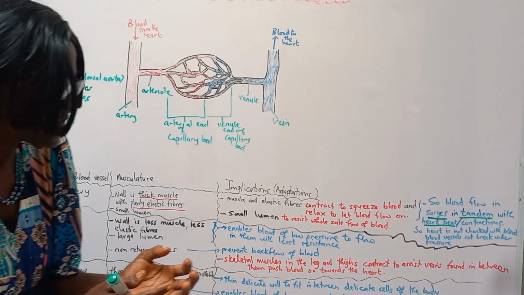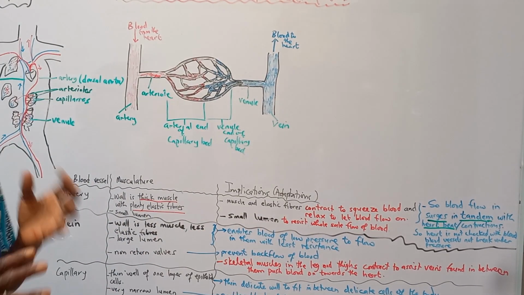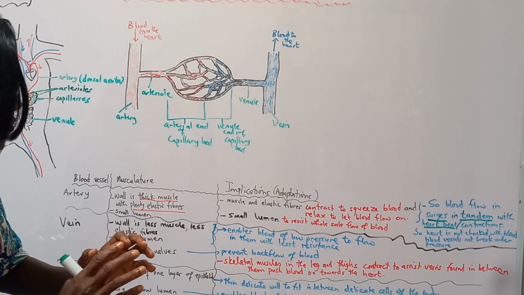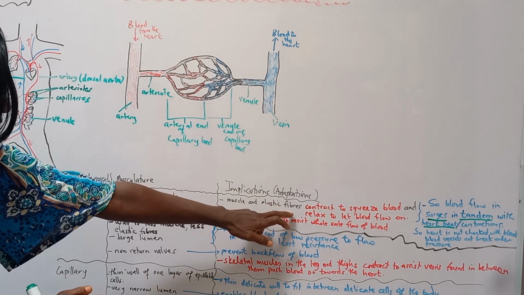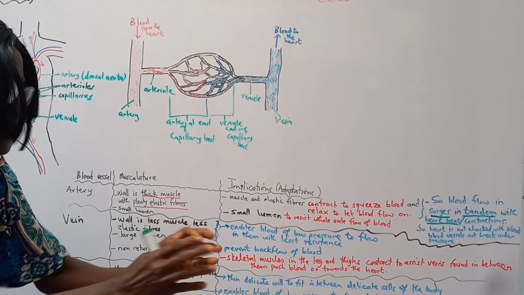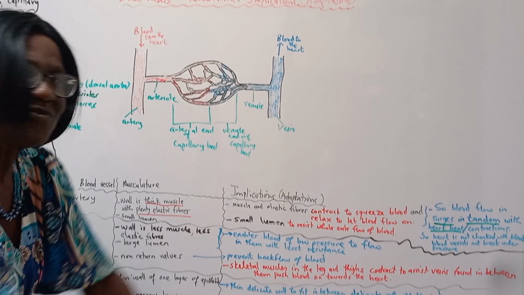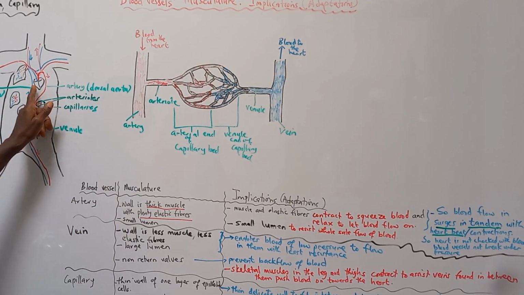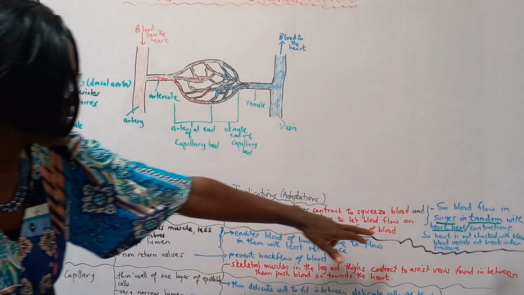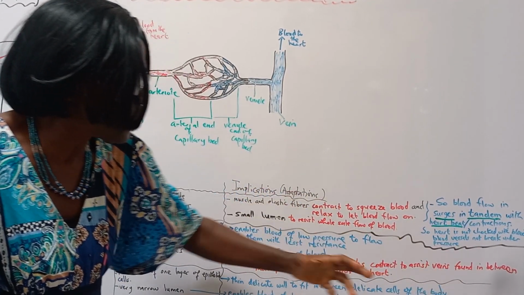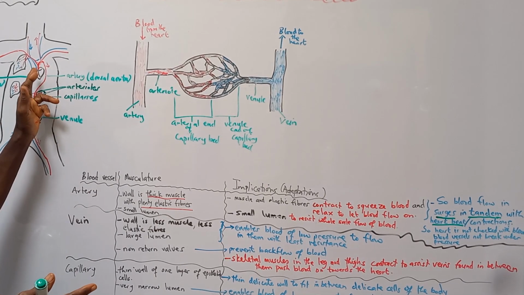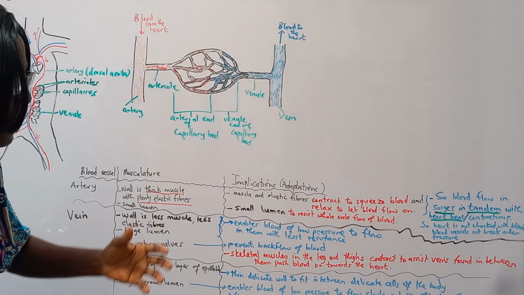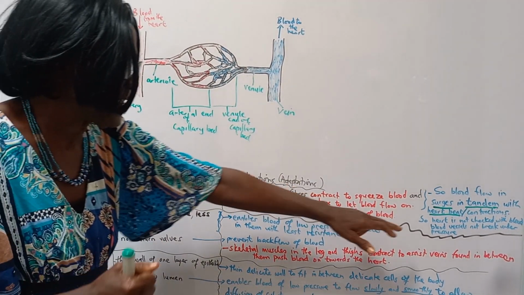As the heart contracts and pushes blood, it relaxes. In the same way, the muscles and elastic fibers contract, squeeze blood, relax, and allow blood to flow, just like the heart does. And it does that so that the heart is not choked with blood and the blood vessels are not torn by high blood pressure.